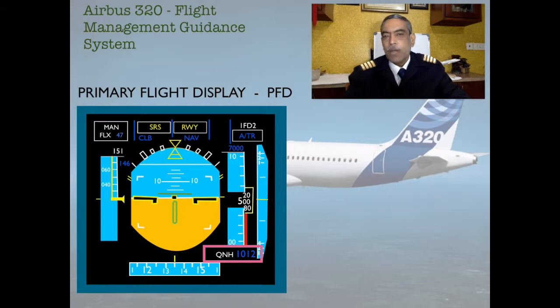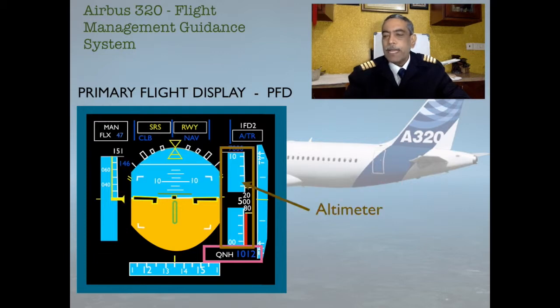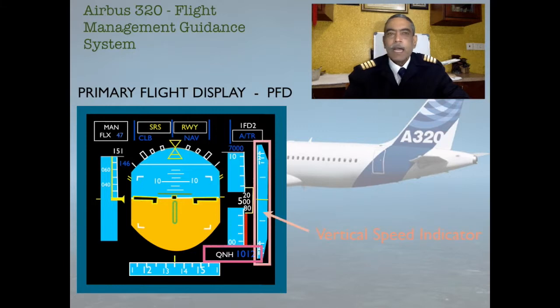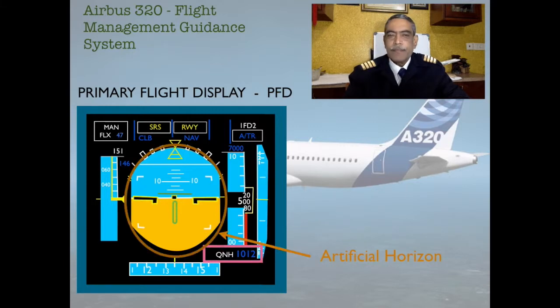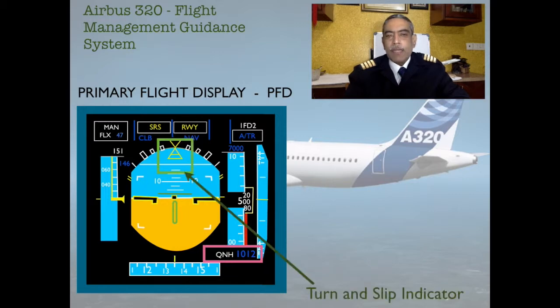Okay, let's go on. Firstly, the airspeed indicator, the altimeter indications, the vertical speed indicator, the artificial horizon, the direction indicator or the compass indicator, and the turn and slip indicator. Thus, all these six instruments have been combined into one and presented in a single display.